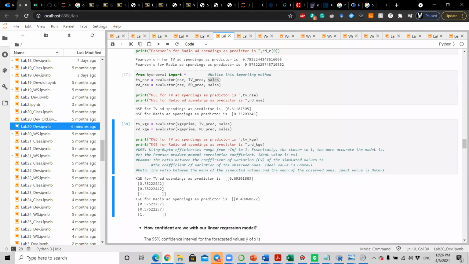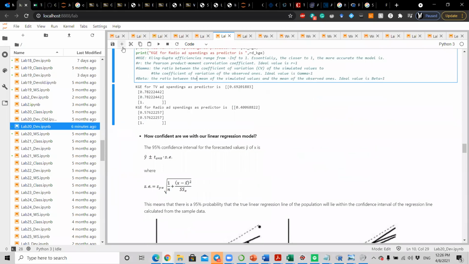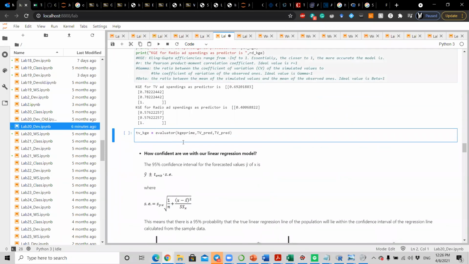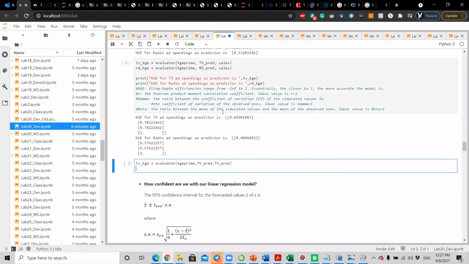Dr. Cleveland says, try this. Let me try it. So we are running KGE for TV and TV. So instead of observed, we are using the TV.